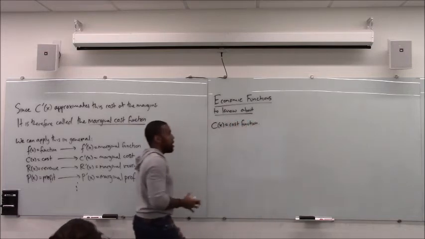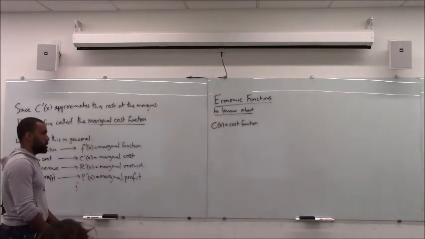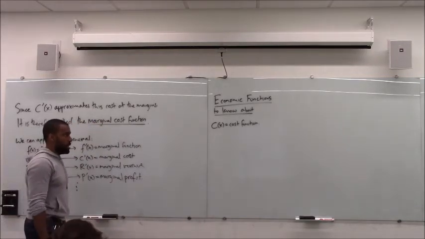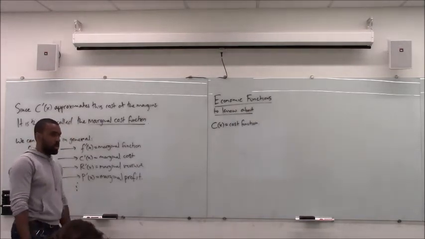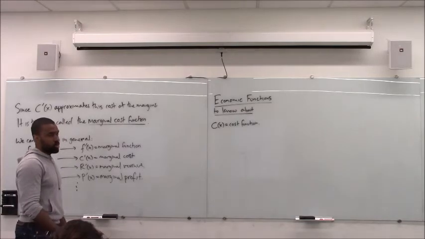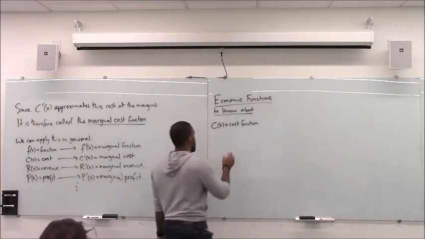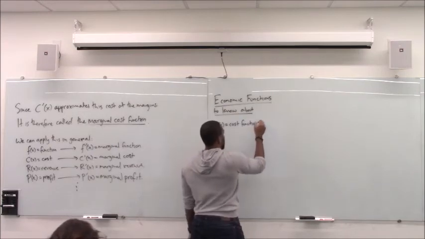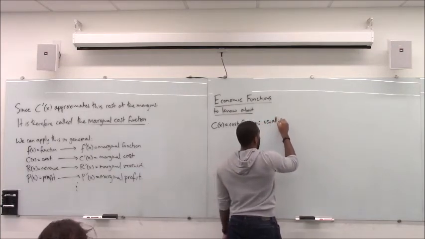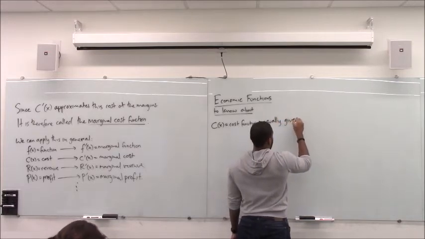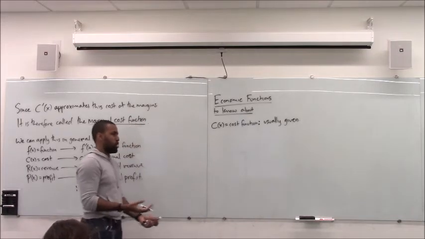Now, when it comes to cost, that is a very individual, context-specific thing. And it's not something that you can just sit at a table with a pencil and paper and figure out mathematically. That's something that requires research, requires actually knowing about the situation. So you should know that this is going to be just given. I'm going to tell you the cost function. Right? I'm going to tell you, here's a function that measures your cost, because you can't really figure it out, right?